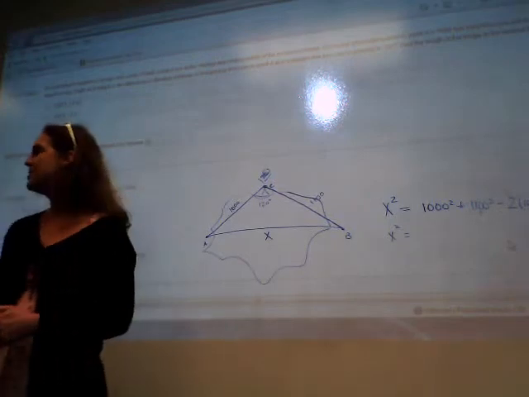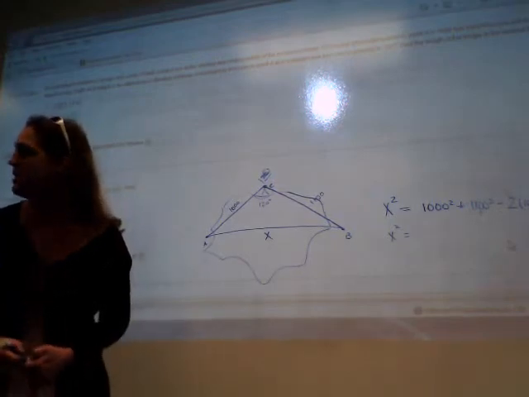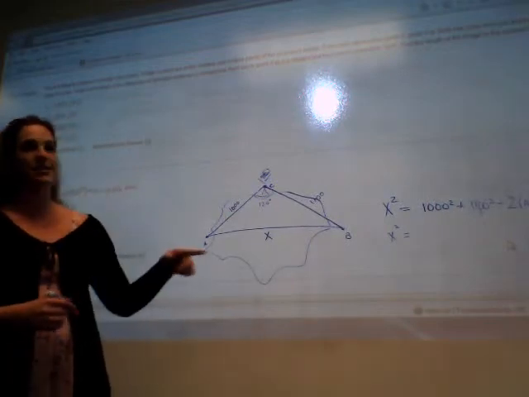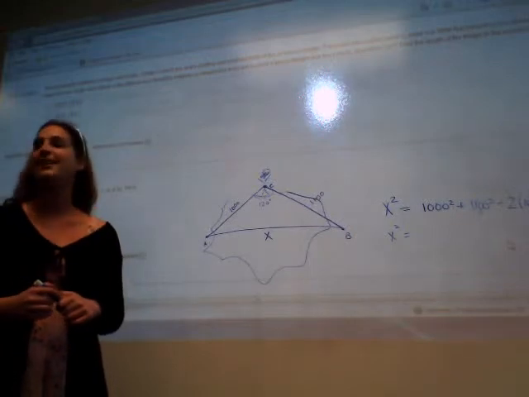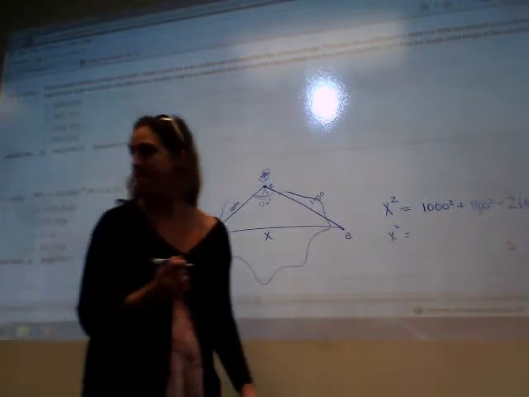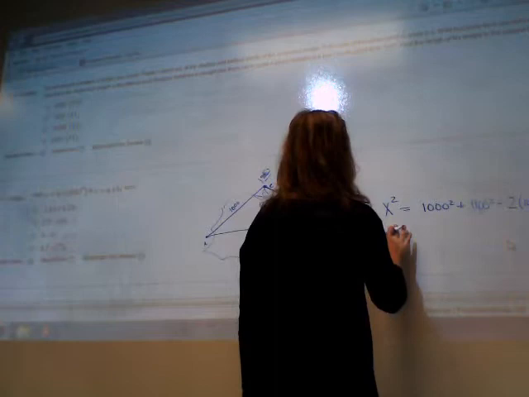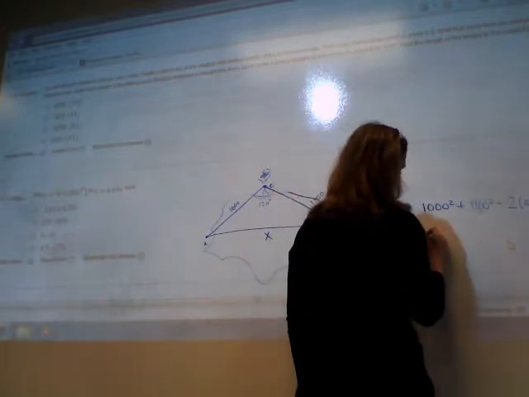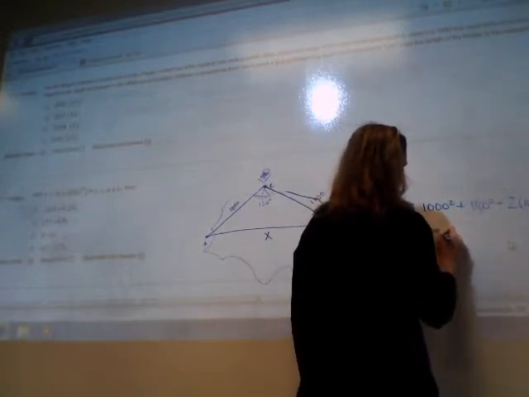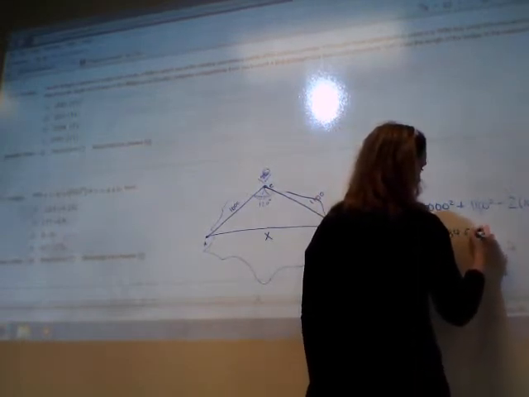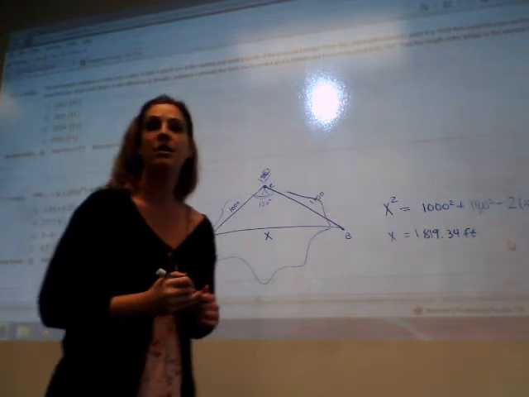All right. Did you plug it in? That big mess? Anybody else plug it in? What now? After we already put the square root? 1,819 feet. Oops, no, it's not right. 0.34 feet. Anybody else get the same thing?